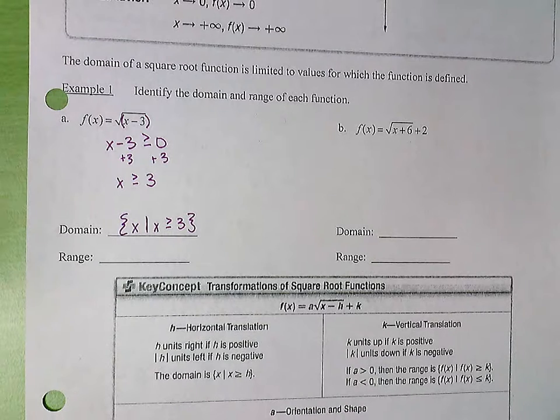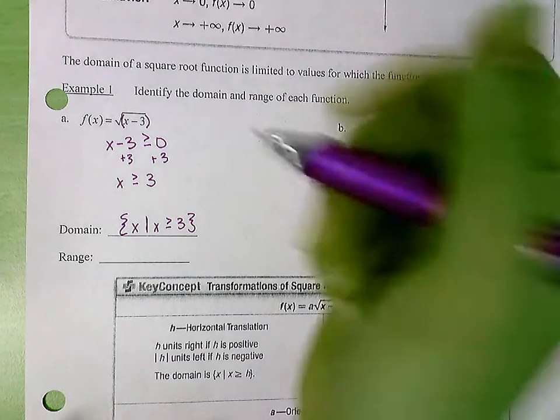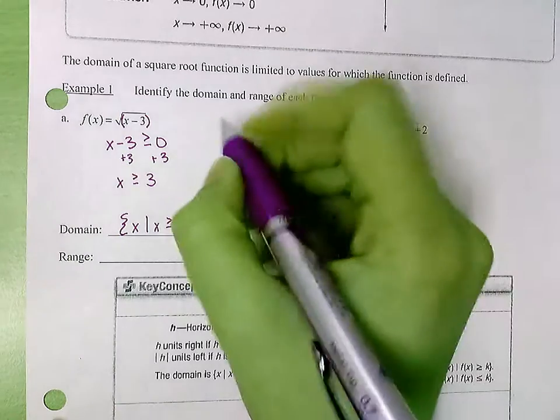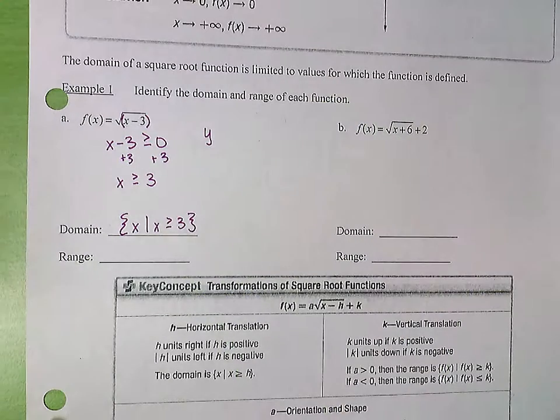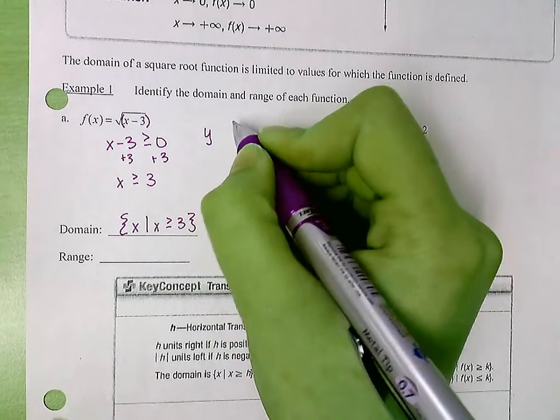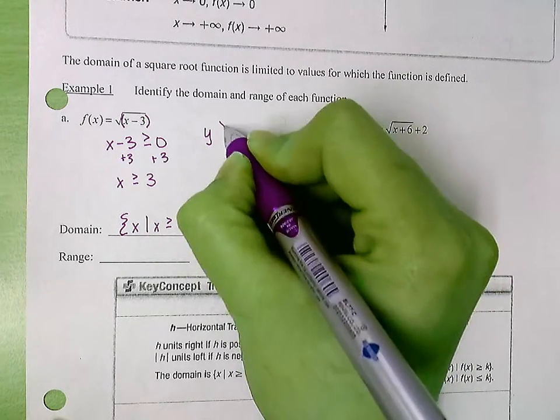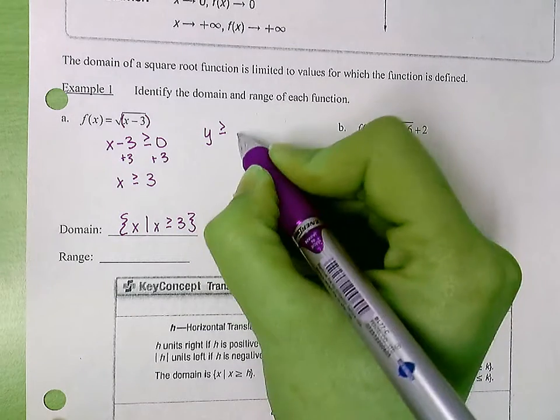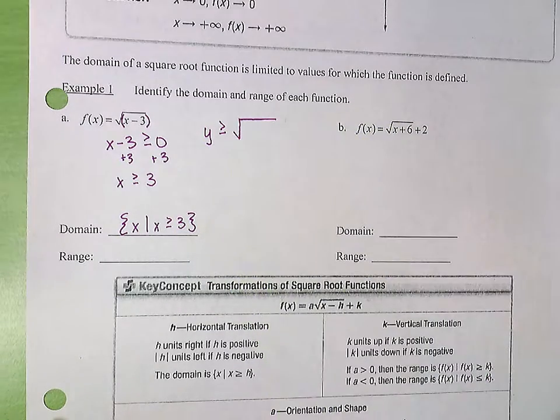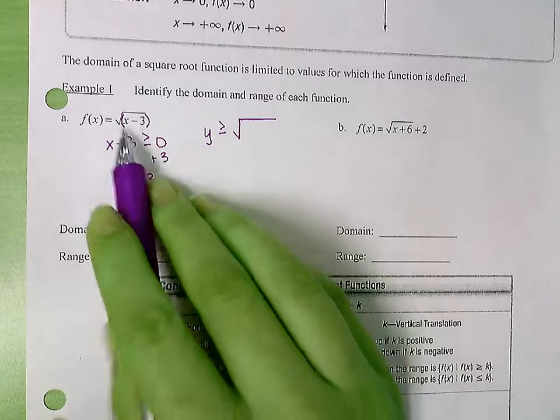Now we need to find our range. Now our range are our y values. So where it goes up and down. So instead of f of x here, I'm going to replace it with y. Okay, that has to be greater than or equal to, I'm just going to keep going with this function here.